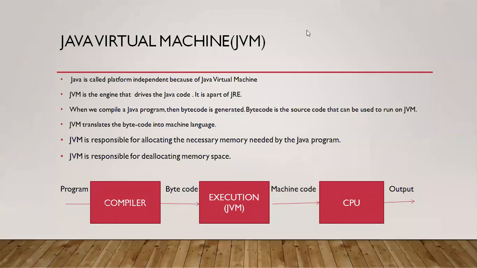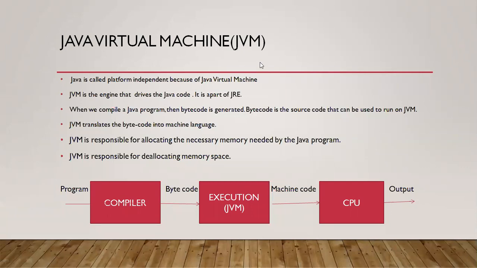Whenever we compile a Java program, the compilation unit gives us bytecode. That bytecode is sent to the execution unit of Java, and the execution unit of Java has the JVM.